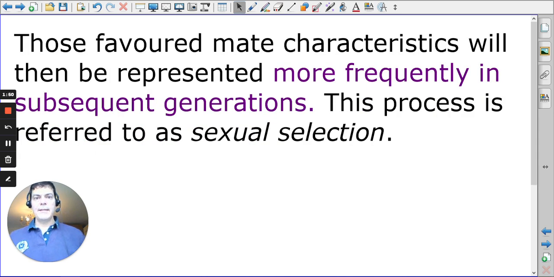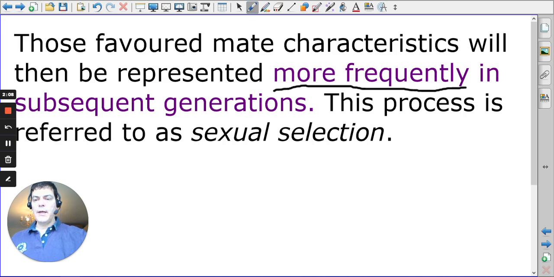So it's these mate characteristics that become favored, and so in terms of the evolutionary model, those characteristics are more frequently found in future generations.